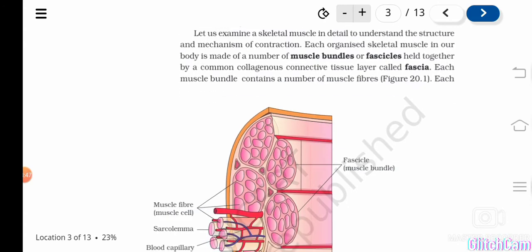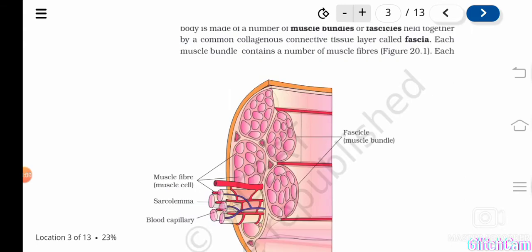So in our body, the skeletal muscles are seen as a number of bundles, muscle bundles or fascicles. You can see here in the diagram, these fascicles are held together by a common collagenous connective tissue known as fascia.